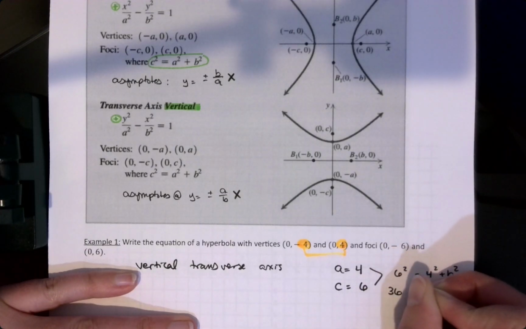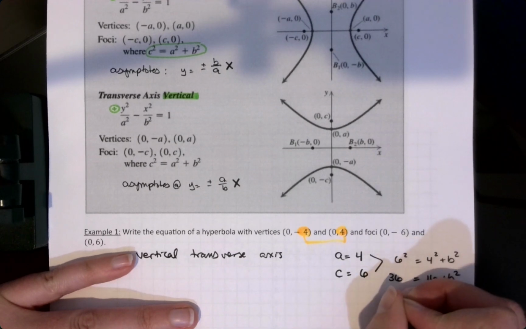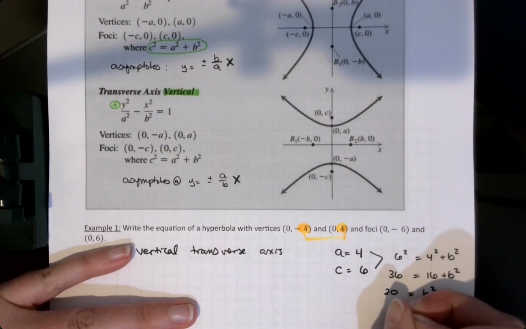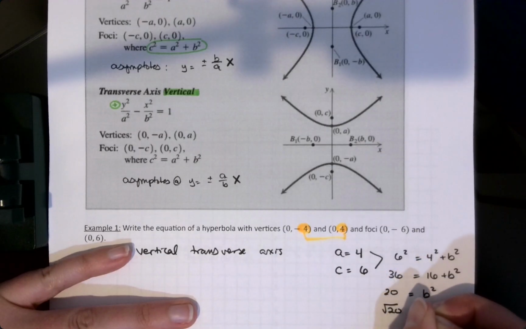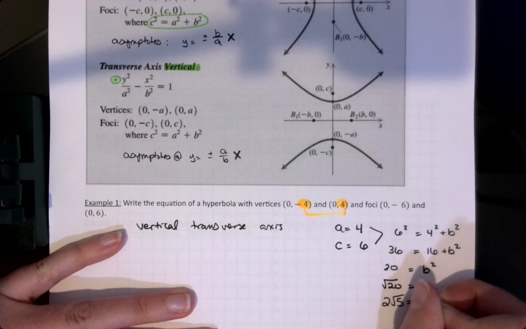So 36 equals 16 plus b squared, we've got 20 for our b squared. So the square root of 20 is b, that's the square root of 4 times 5. The square root of 4 is 2, so 2 square root of 5 is going to be b.